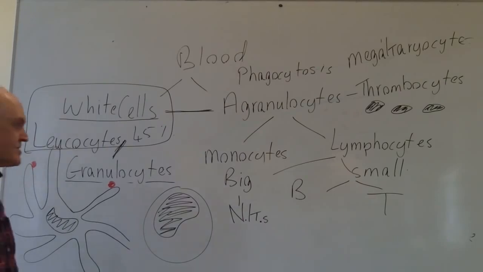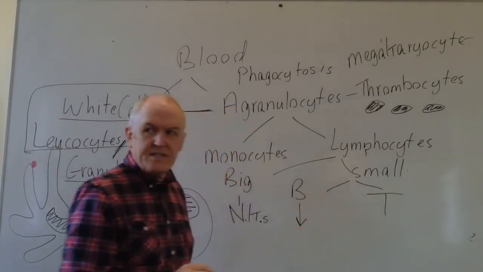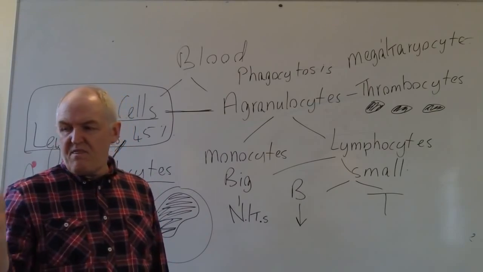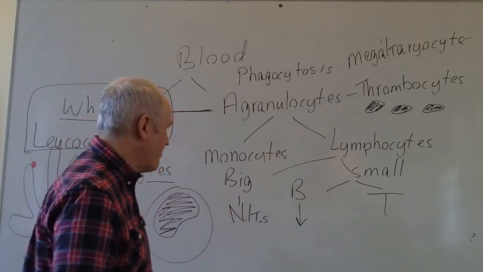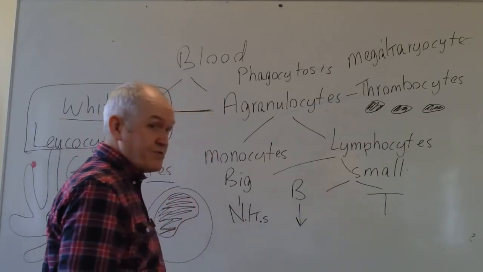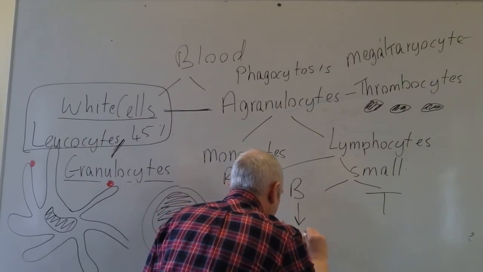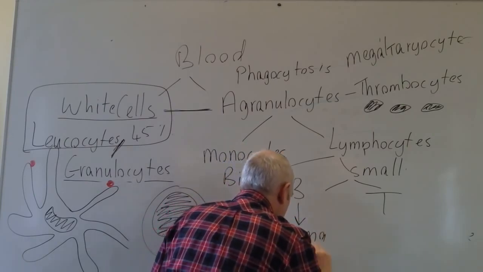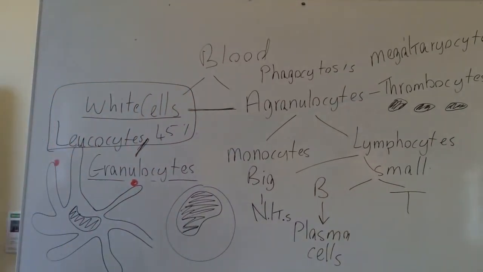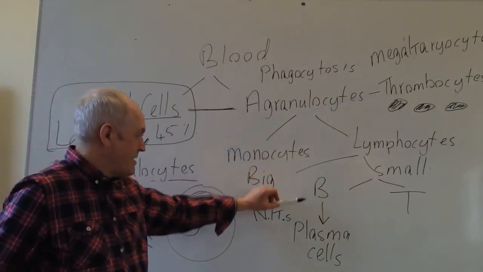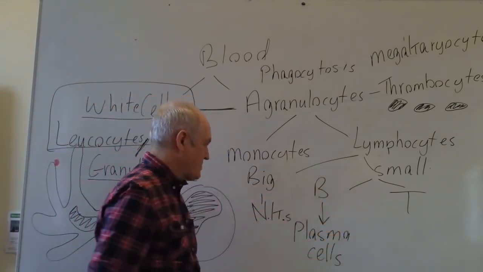Now the B cells are seriously useful because if there's an infection, the B cells divide thousands of times and produce masses of B-type cells that produce the antibodies. And these are called the plasma cells. So normally in the blood, you're going to have B lymphocytes, but if there's an infection, these are going to proliferate and make huge amounts of plasma cells.